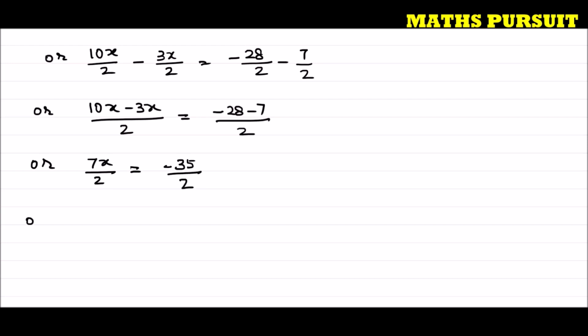Or I can write 7x divided by 2 into 2 is equal to minus 35 divided by 2 into 2.